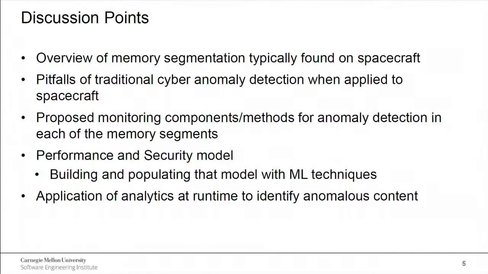The obvious answer is memory. Very few spacecraft that I've heard of have spinning media. It just doesn't exist. It's solid state. So if that malware or that remote access Trojan were to hit a spacecraft, it would most likely end up in memory.